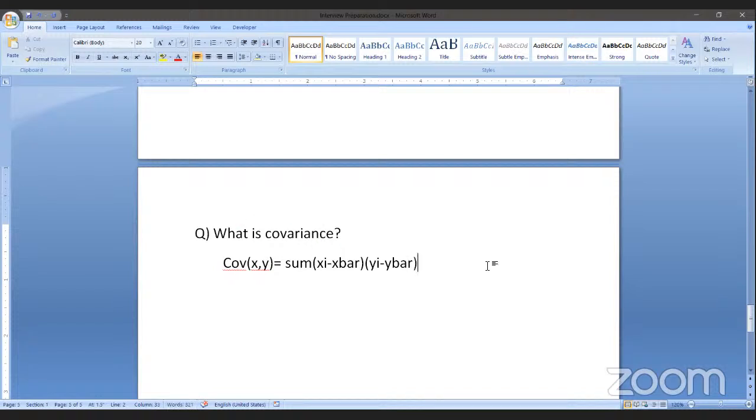And whole is divided by population. So we have this formula for covariance.